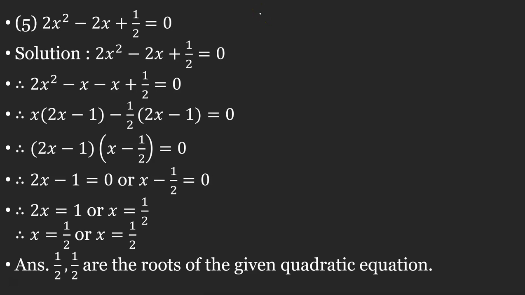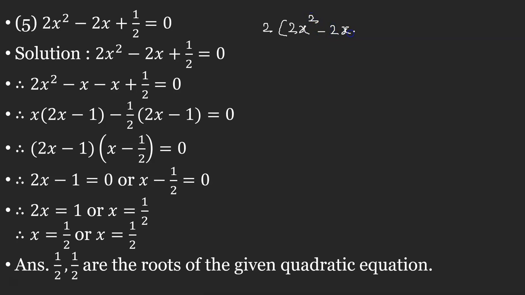Now see this here. How can we solve it in another way? We will remove the fraction from the whole equation. We will multiply the whole equation by 2. If we multiply the whole equation by 2, here I will write.